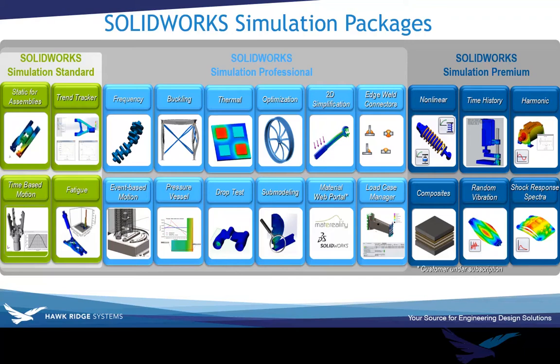If you're moving towards the actual simulation packages that you can tie into any level CAD package, you can then get a Simulation Standard seat, which also gives you linear static assemblies plus additional other tools like fatigue analysis, being able to see what your cycle life is based on the loading that you produce from your linear static study.